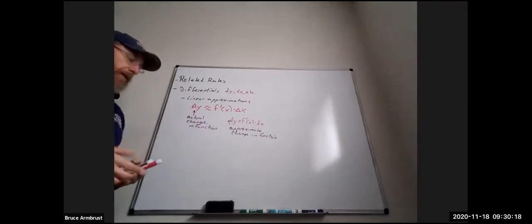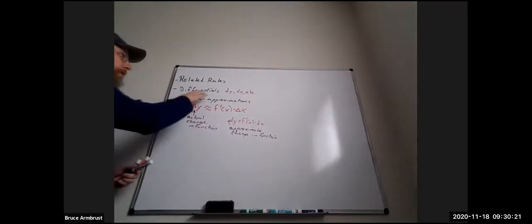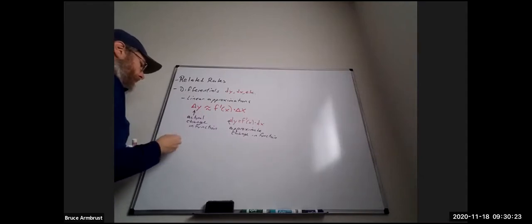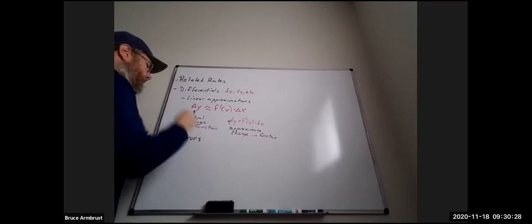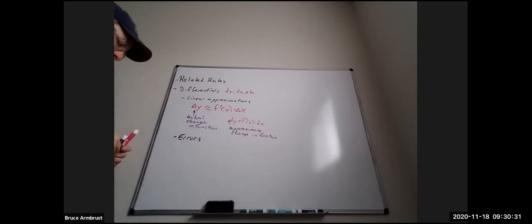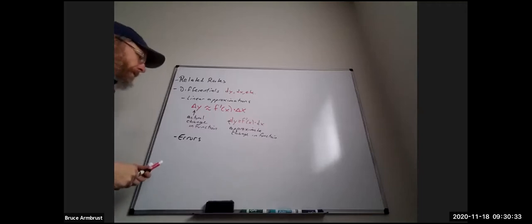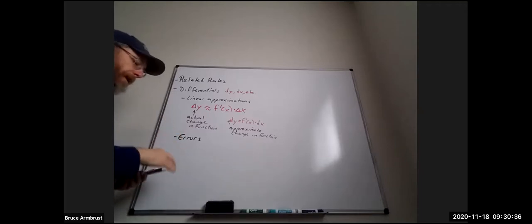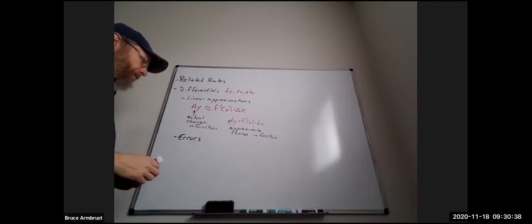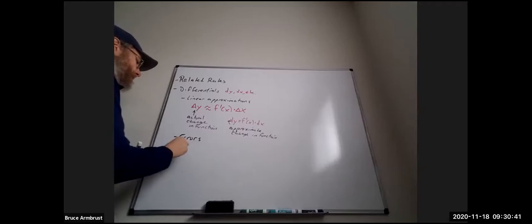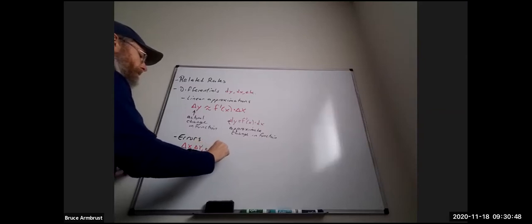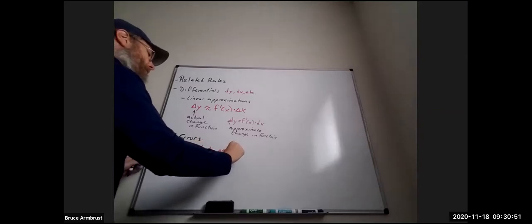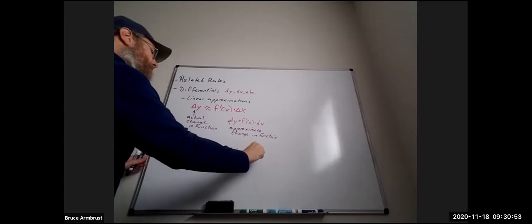So we did linear approximations in this differential section, but we also did error propagation. I'm going to put here errors. It was really the same idea. It's just that now these delta x, delta y, etc. are the absolute errors.